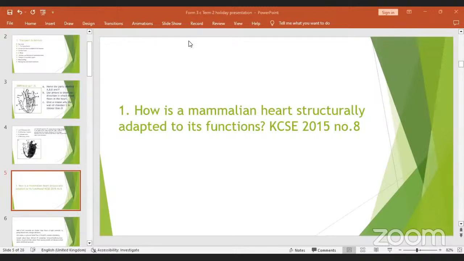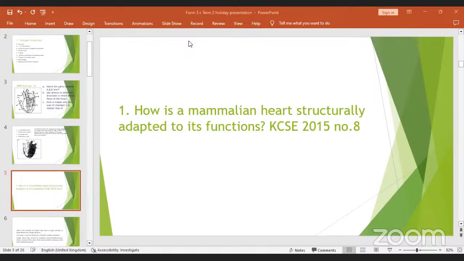Are we getting that? There are so many points, but my point is, when you are answering an adaptation question, 3 things must be in place. As much as possible, ensure that you identify the structure, so the left ventricle. Ensure that you identify the modification, thicker.